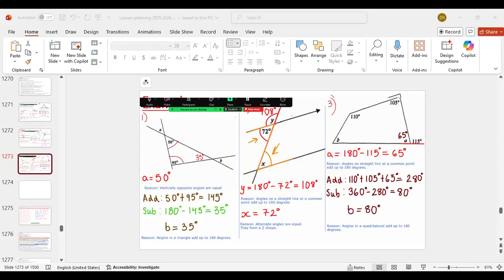Yeah, the answer is 61. It said wrong. No, 61 is right. You might have misclicked. Redo it, because 61 is the correct answer. Okay.